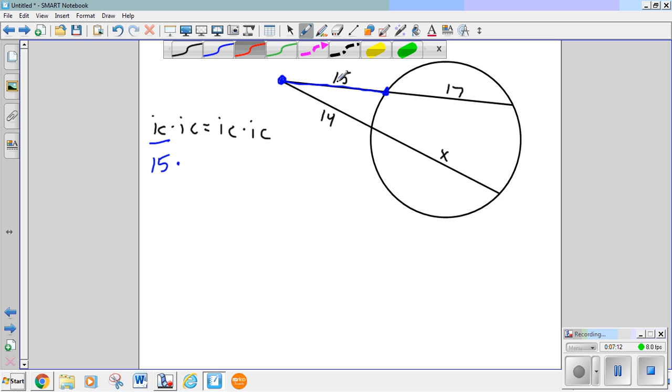The second IC from the intersection to the circle here is 15 plus 17, which is 32. Remember to do segment addition there.